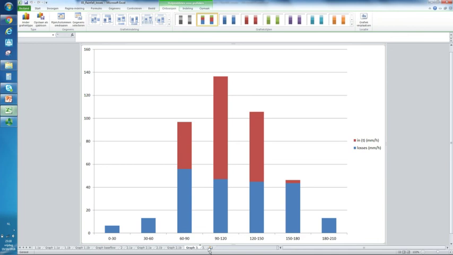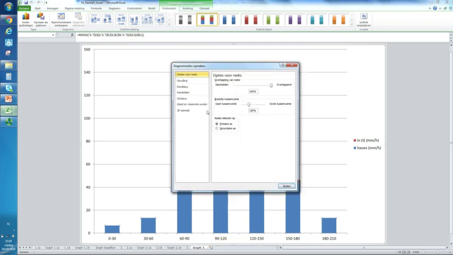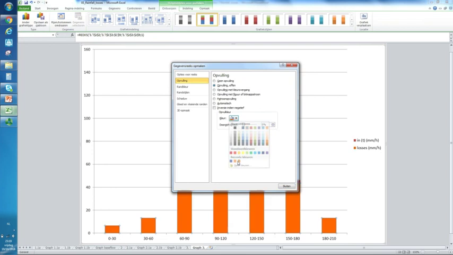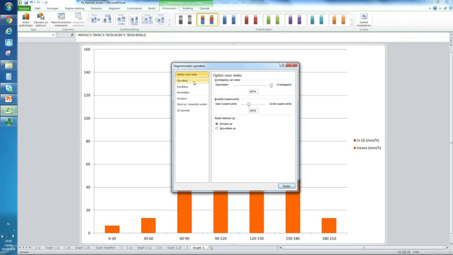Let's change the colors. Losses are at the lower side, so that's good. Let's change this color here to orange, and this one to our blue color that we had before.